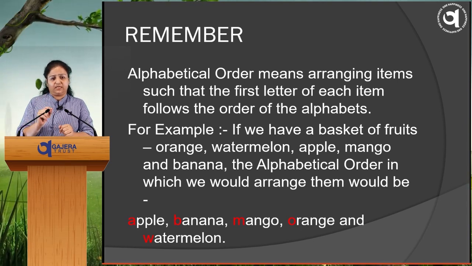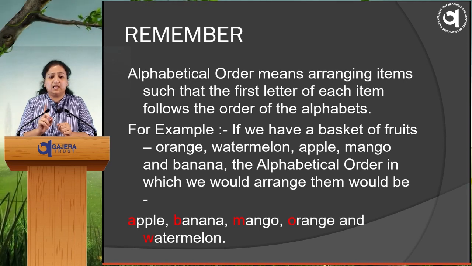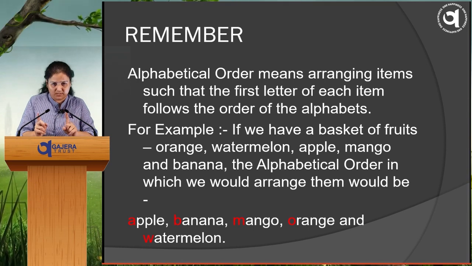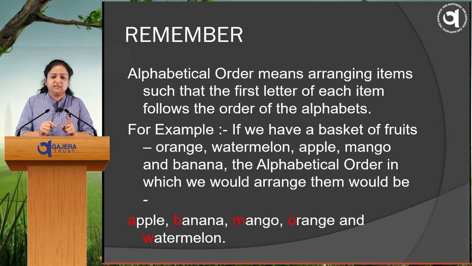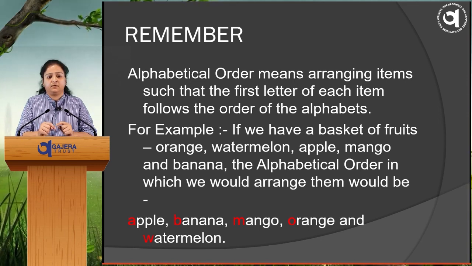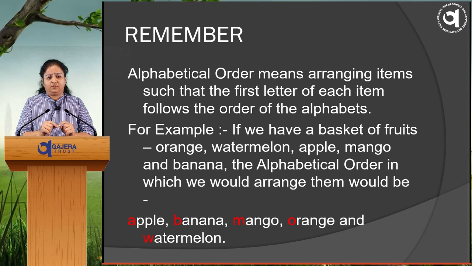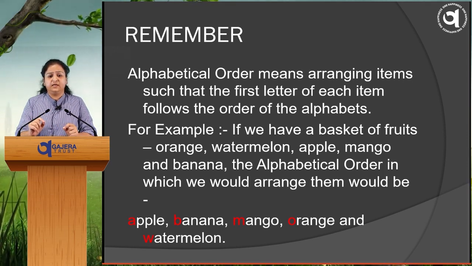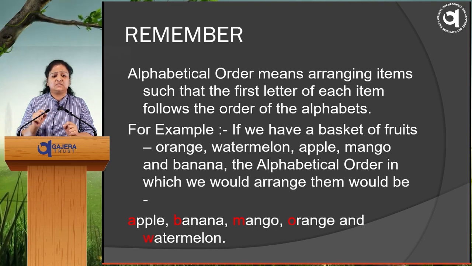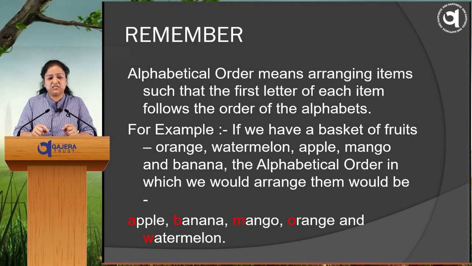Very first in our alphabet, the first letter is A. So obviously apple will become first. Then after A, B is there, so banana.